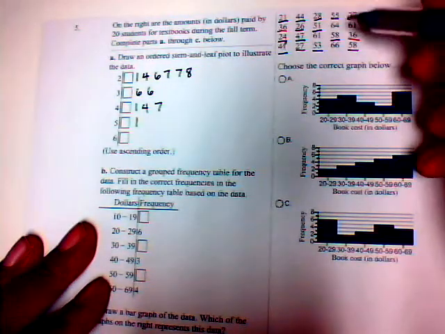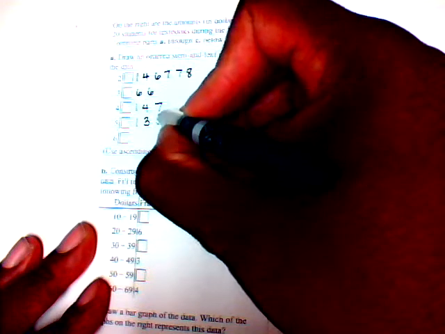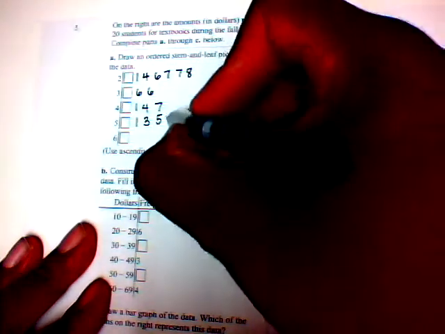Okay, so in order, the 51 goes first. Then we got the 53. Then we got the 55. And we got two data values for 58. So we'll write the 8 as the leaf twice for the stem of 5.